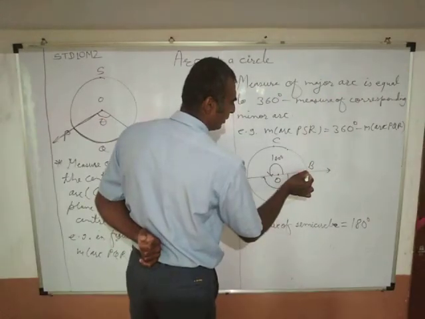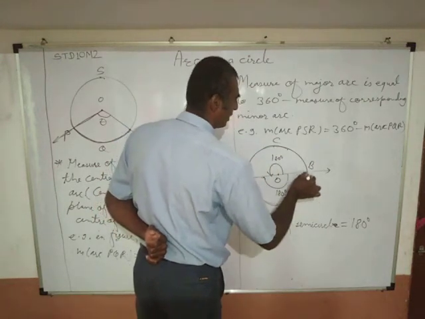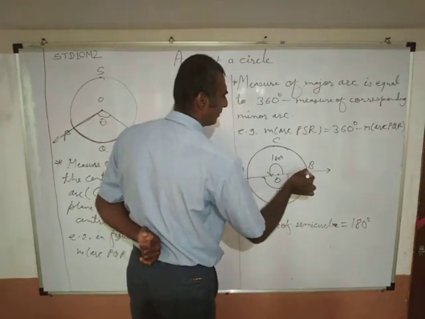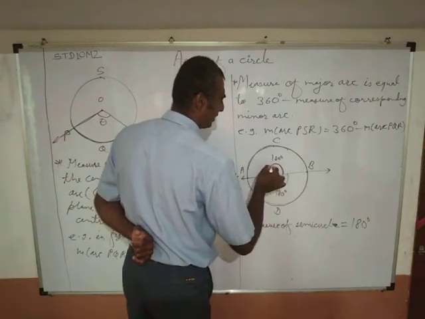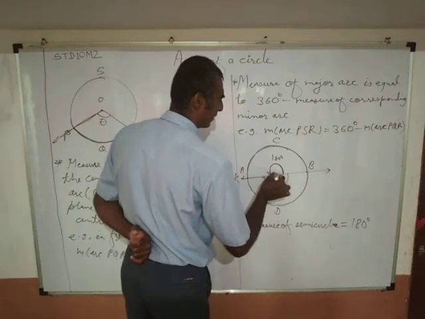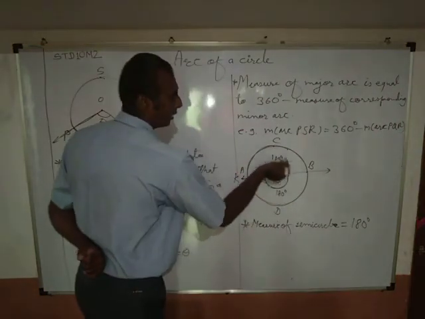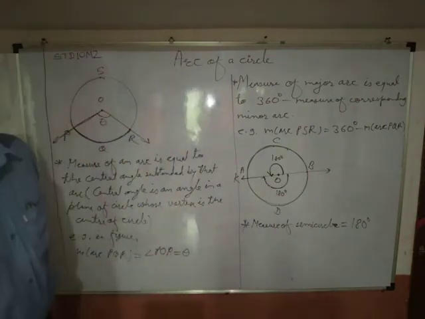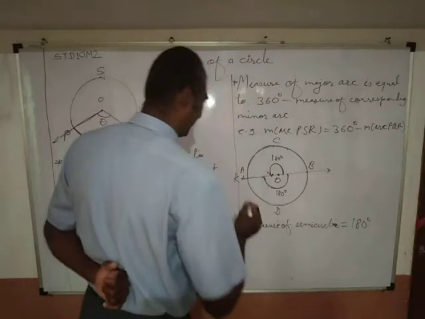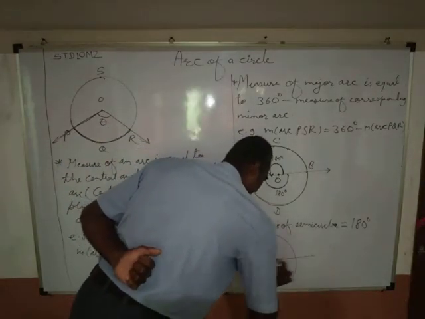Now what's about angular measure of a circle? If we consider a complete circle, in that case a complete rotation will be there. Half of the rotation means half of a circle subtends 180 degree at the center, other half subtends 180 degree at the center, and in all it completes 360 degree. That's why angular measure of circle is 360 degree. Let's mention here, angular measure of circle is 360 degree.